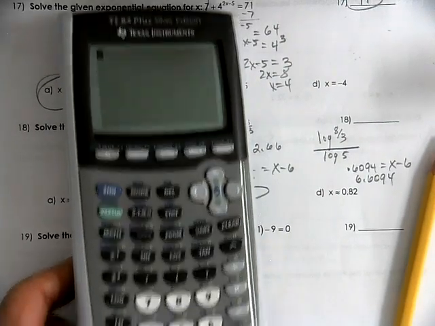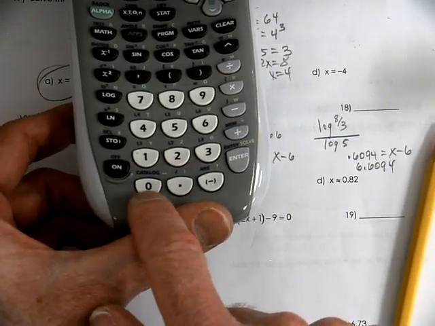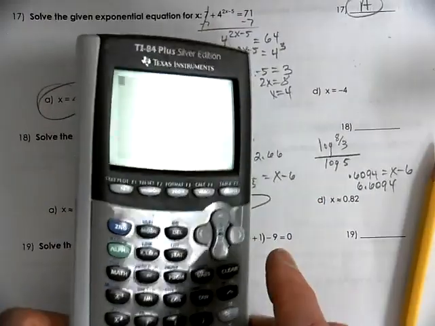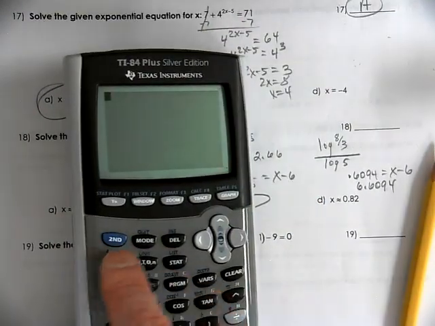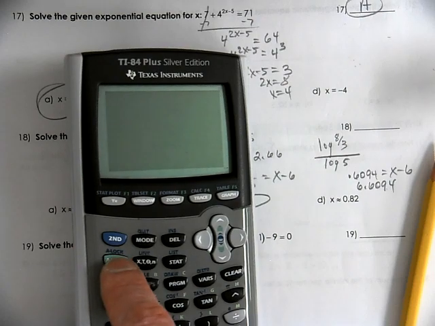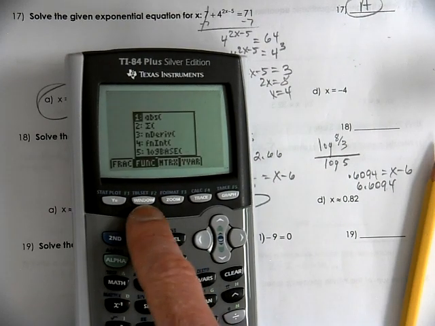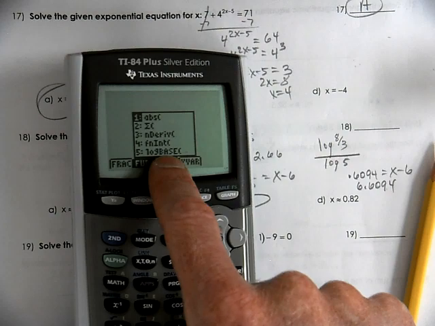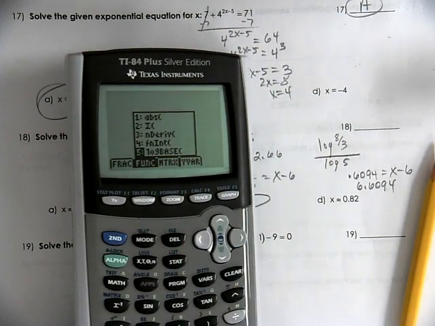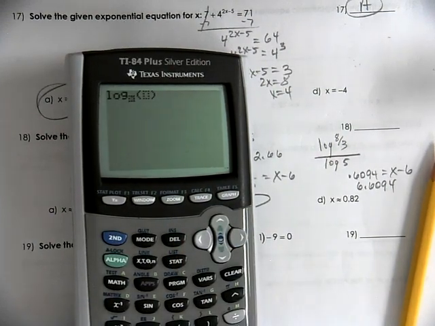You can do this through catalog, which is down here above the 0. That's how I usually do it. But there is a menu. If you hit alpha window, you'll find the base formula in here. And you can write your base out.